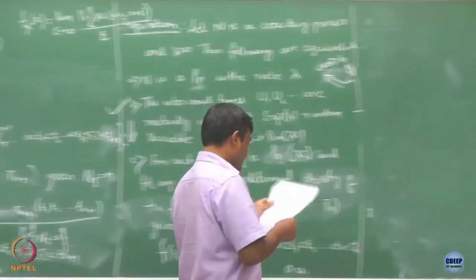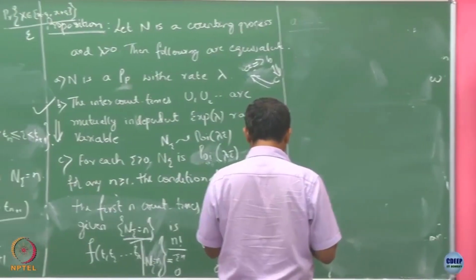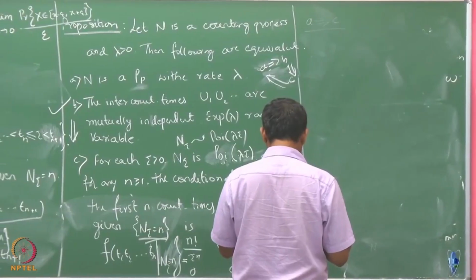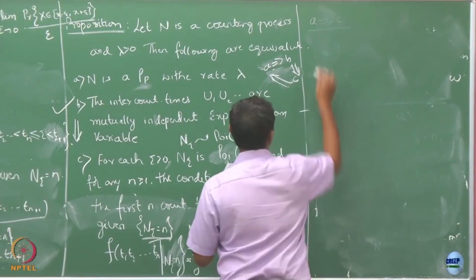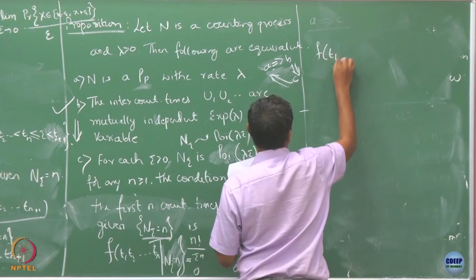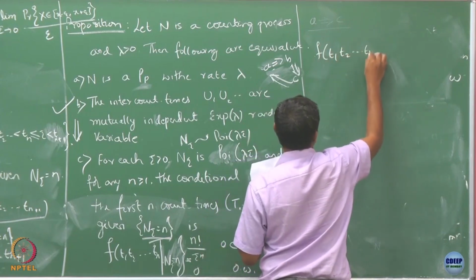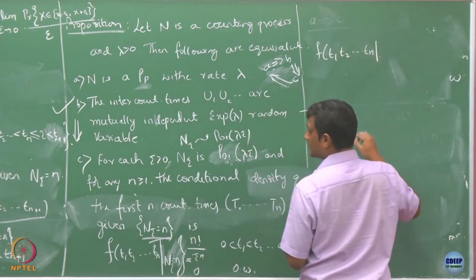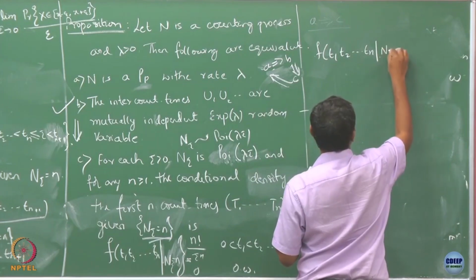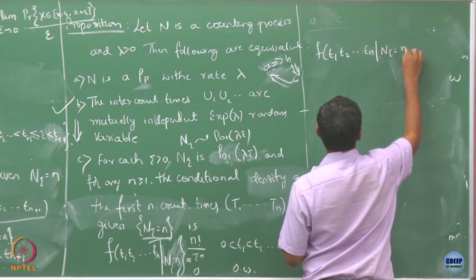So if you just do this integration, what you will end up with is the density of T1, T2, all the way up to Tn given N(tau) equals n.